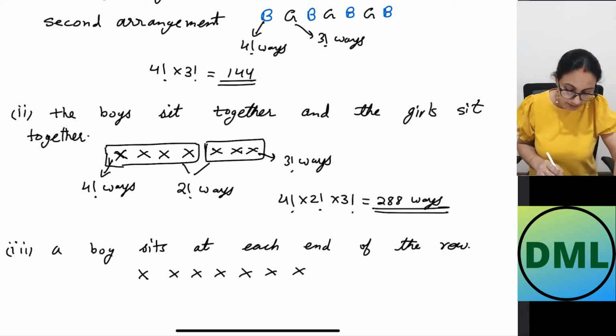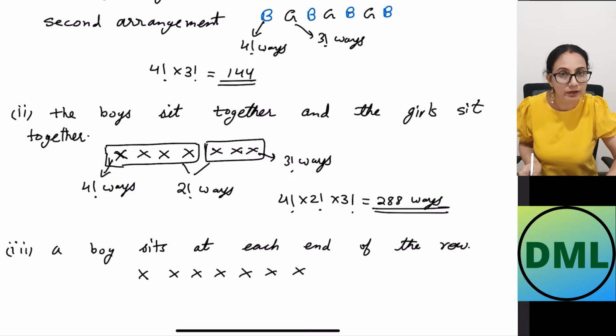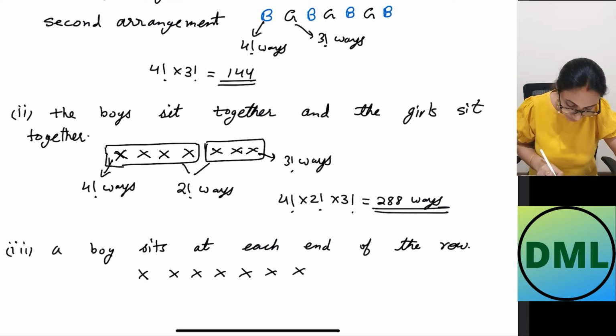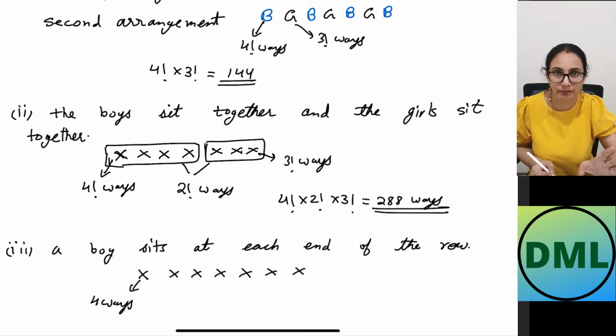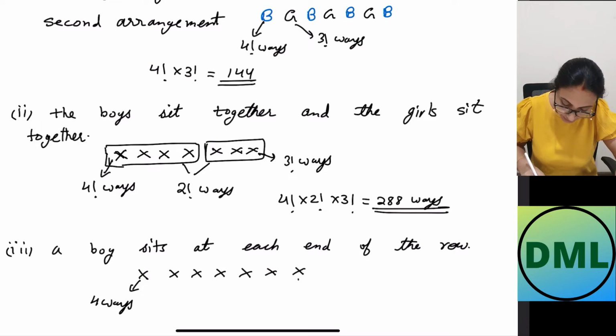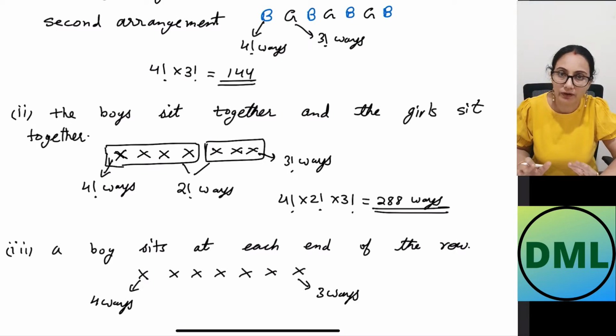Now he says that a boy sits at each end of the row. The total number of boys is 4. To fill the first place, we have 4 ways to do it. I can place any one of the boys there. Now there are 3 boys available, so the last place can be filled in 3 ways. Now 2 boys are already placed and there are 3 girls available, so the total number of boys and girls available is 5.